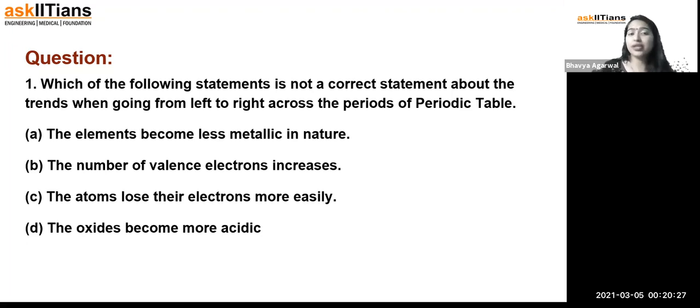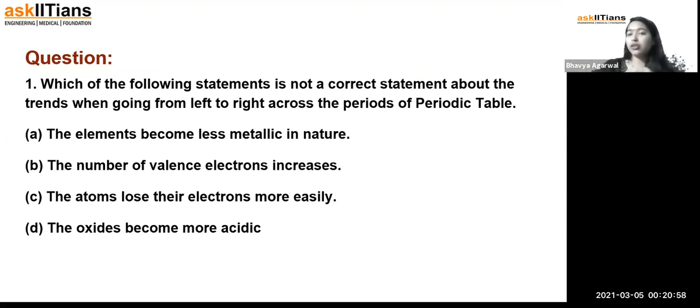The first question is, which of the following statements is not a correct statement about the trends when going from left to right across the period? The elements become less metallic in nature as you go across the period. Do the elements become less metallic? Yes, they become more non-metallic, so they become less metallic. The number of valence electrons increases. That's again right.